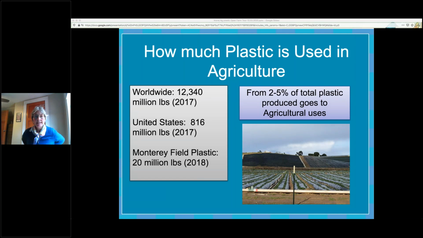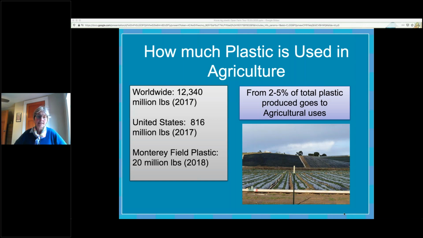So how much plastic is used in agriculture? A total of about 400 million tons of plastic is used worldwide in all types of plastic, whereas agriculture only uses 2 to 5% of that total. Worldwide, just over 12,000 million pounds. In the US, about 816 million pounds. And I did a study of Monterey. This was my deep dive into plastic, to look at how much plastic is used on fields in Monterey County.